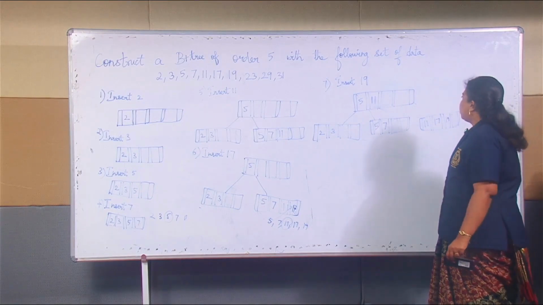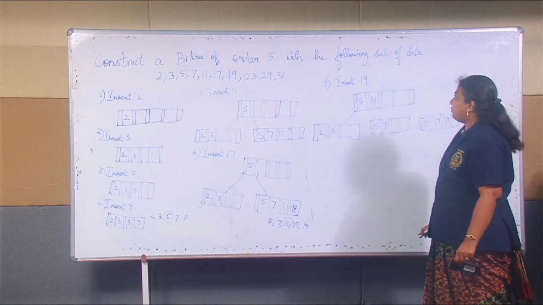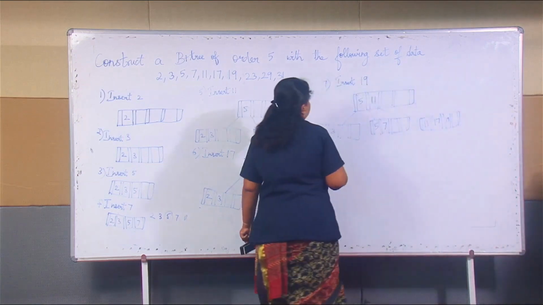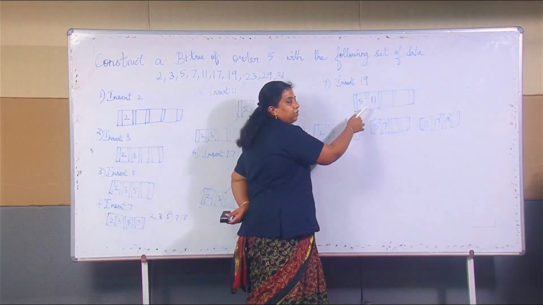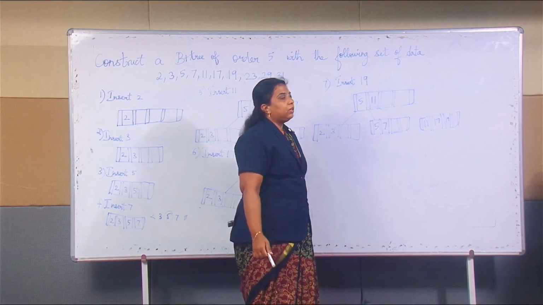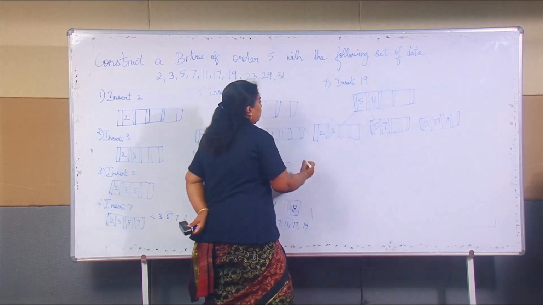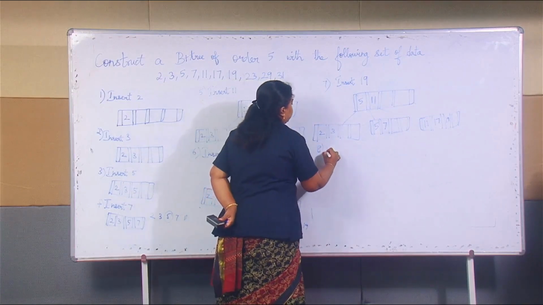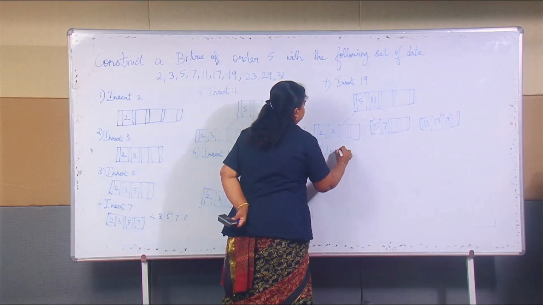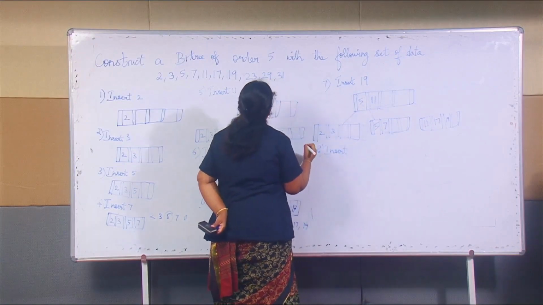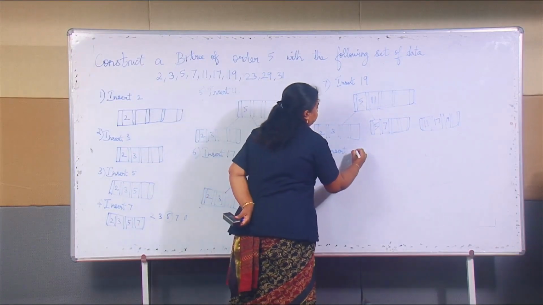Now in the next step we are going to insert 23. Make sure all the values which are there in the root are repeated in the leaf node, because that is the property of a B plus tree. So step 8, we are going to insert 23.